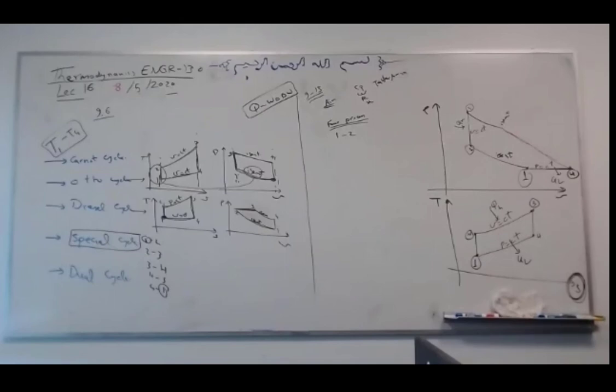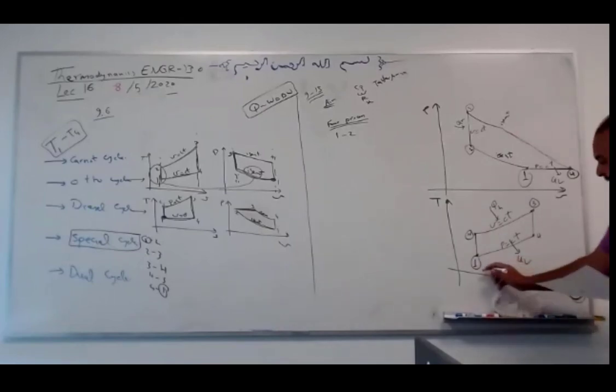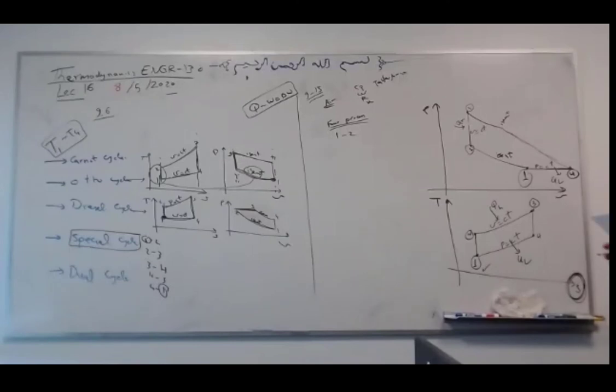So he gave us P state 1 completely. He gave T3. I like the TS diagram. He gave V4, and V4, of course, is constant volume, and P3.